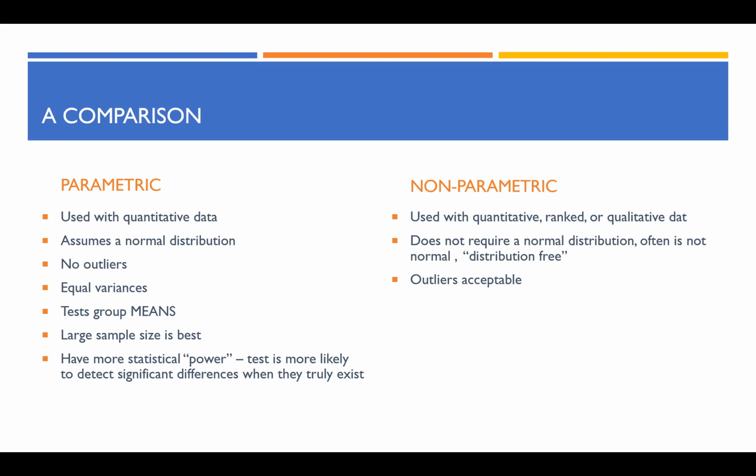It could be skewed to the left, skewed to the right. It could be a uniform distribution. It could be exponential, and you can still run a non-parametric test. It also allows for outliers, and we don't have to assume equal variances. We don't even have to know the variances for the distributions to use a non-parametric test.